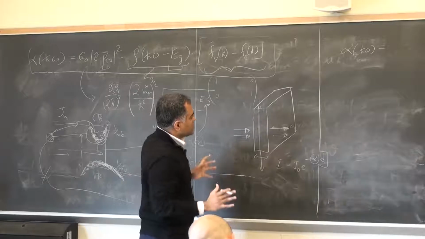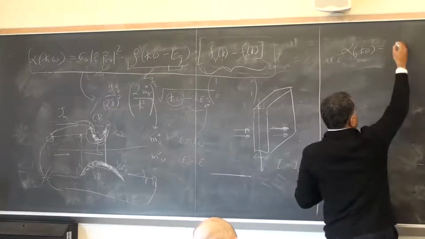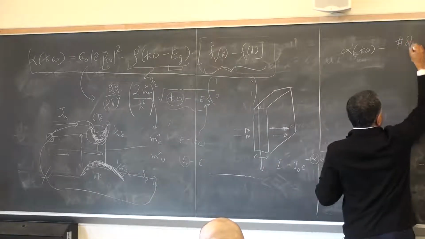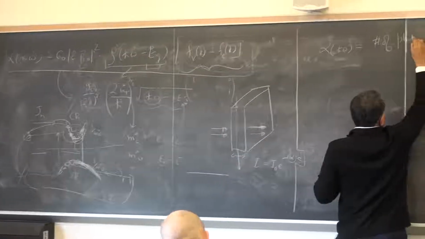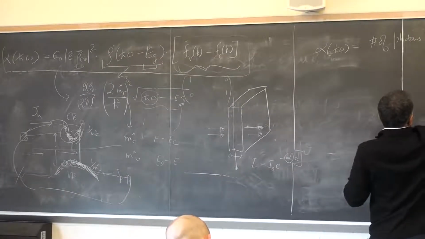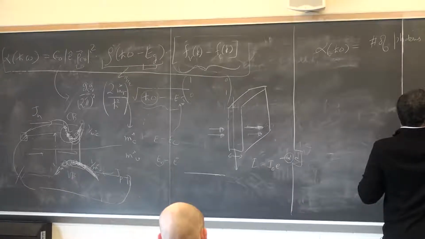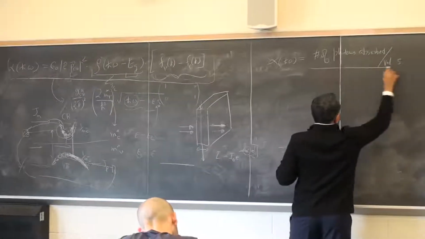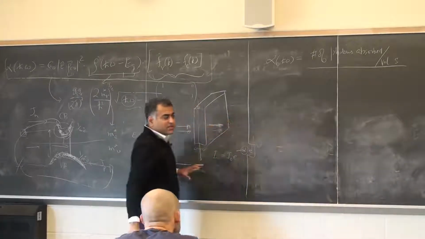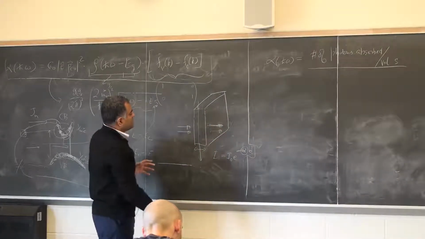What is the absorption coefficient? I can write it in this way. It's the number of photons absorbed per unit volume per second inside the solid. That's the numerator.